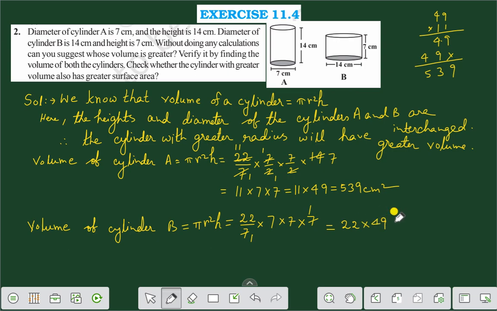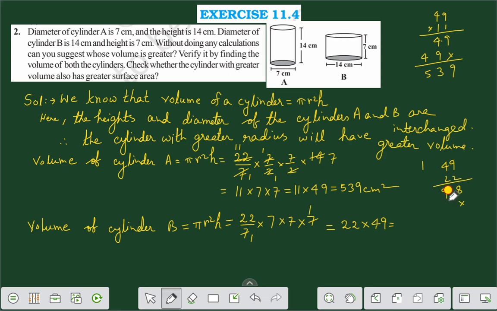If we multiply 49 with 22, then 2 nines are 18, carry 1, 2 fours are 8 plus 1 is 9.